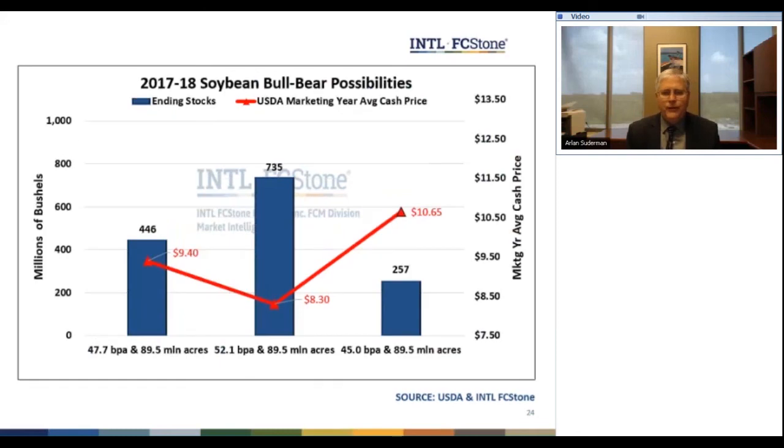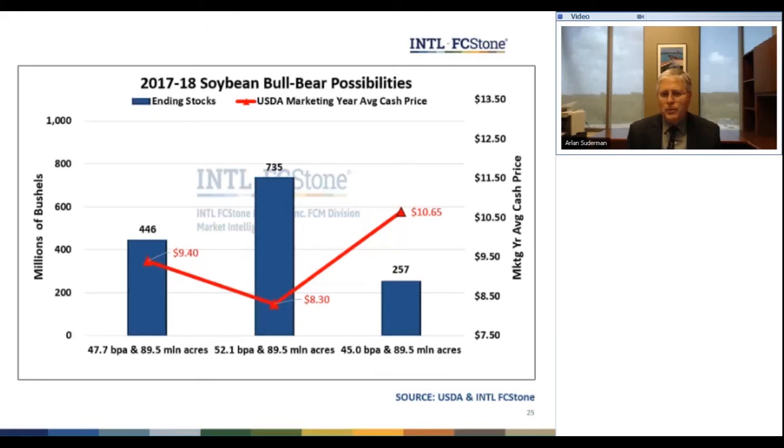Soybeans, I have ending stocks at 446 million. This is new crop on a yield of 47.7. That's our company yield. Now, on the corn, my bearish scenario, I went with USDA's 169.5. I did not do that on soybeans because I still believe it could go higher or it could go lower.